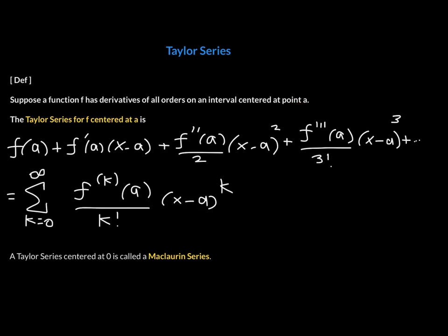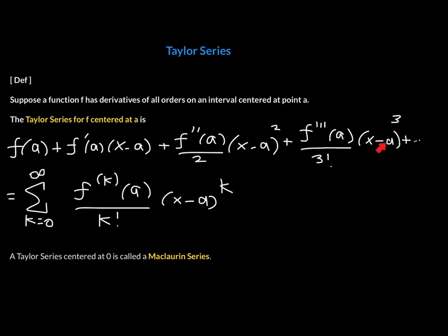So the Taylor series for f centered at a is f of a plus f prime of a times x minus a, plus f double prime of a over 2 times x minus a quantity squared, plus f triple prime of a over 3 factorial times x minus a quantity cubed, plus etc. But notice that we don't stop at the nth derivative. We keep going indefinitely.